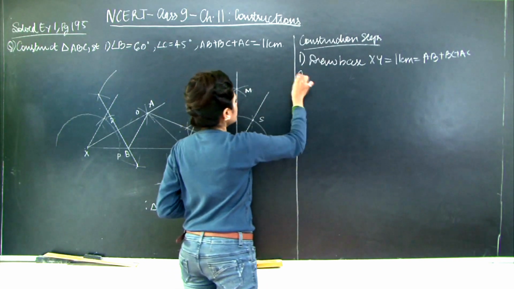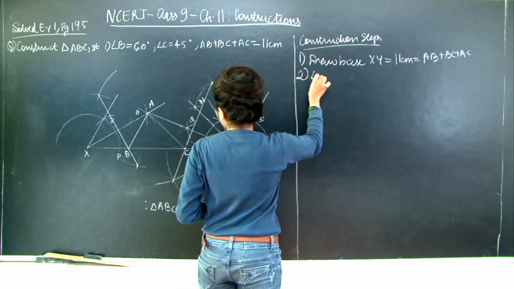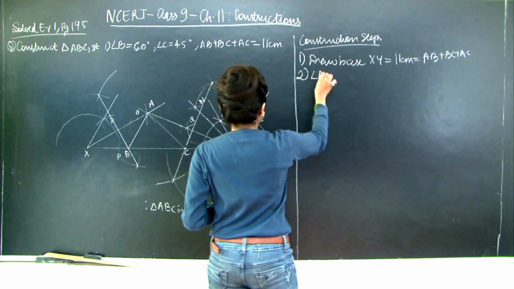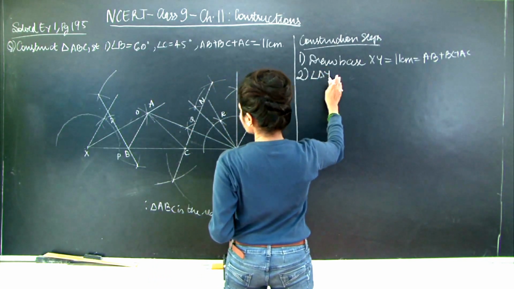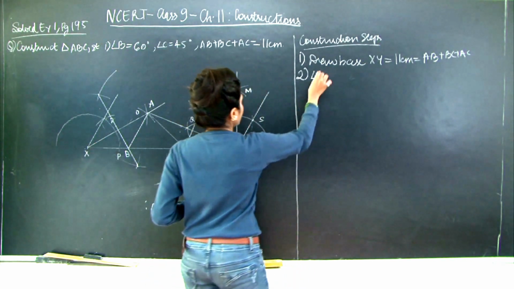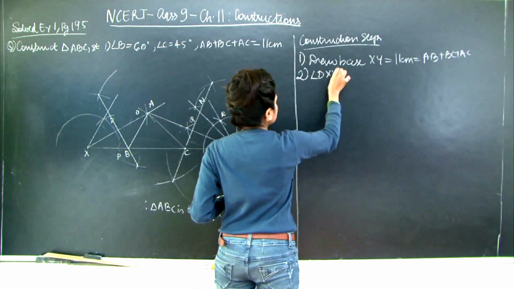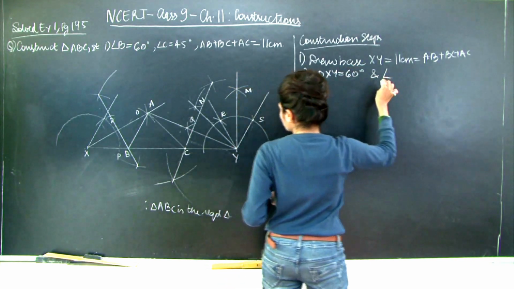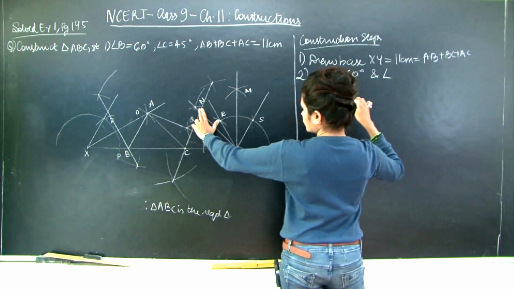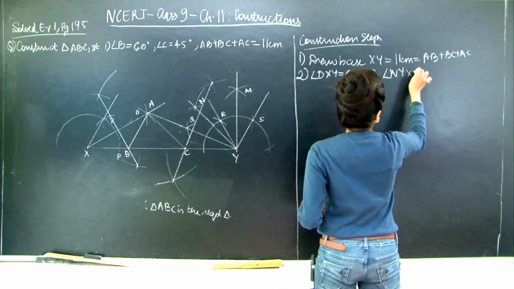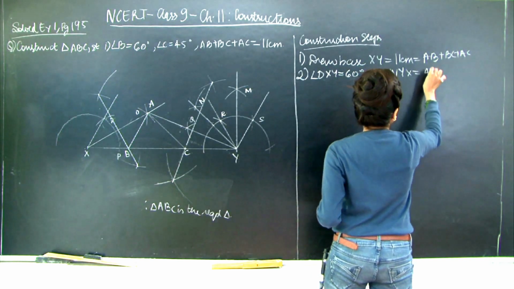Then draw angle DXY is equal to 60 degrees and angle NYX is equal to 45 degrees.